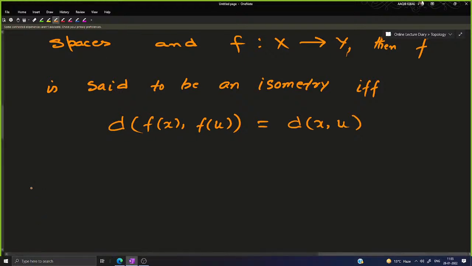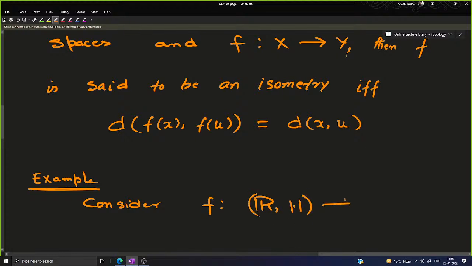इसकी एक एग्जांपल आप देखिए। Consider f from R with the usual metric into R with the usual metric. मतलब डोमेन स्पेस और कोडोमेन स्पेस में दोनों में मैं R ले रहा हूँ with the usual metric.